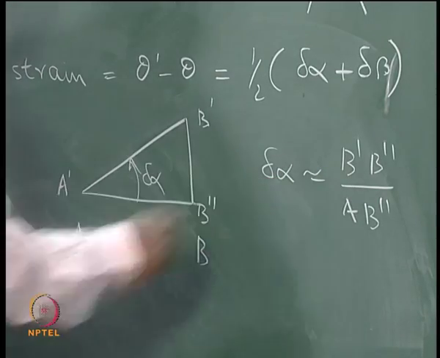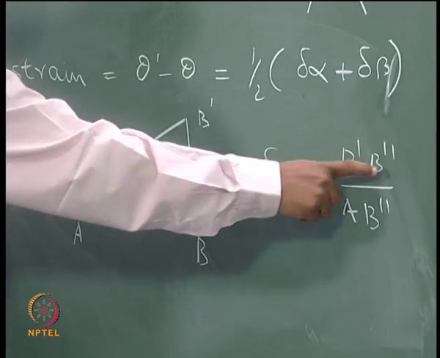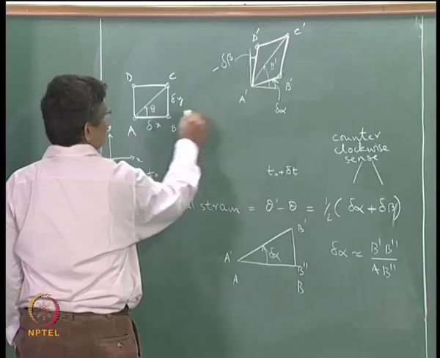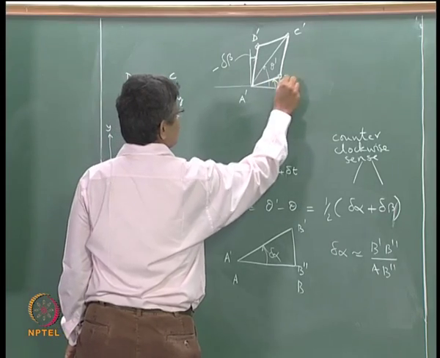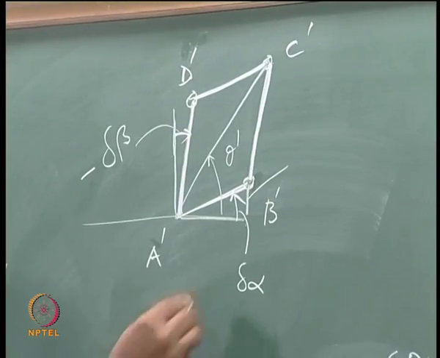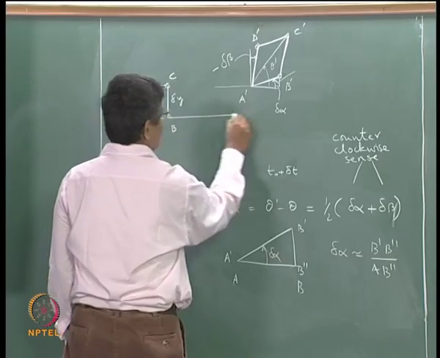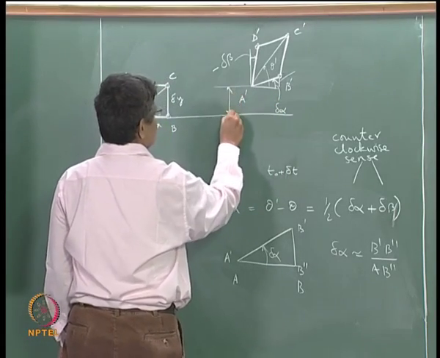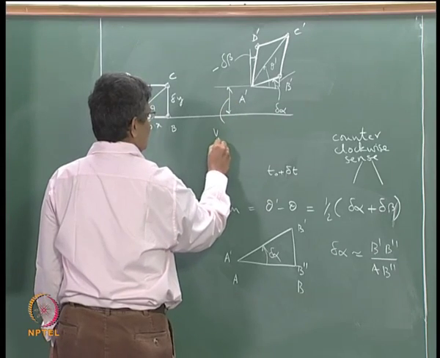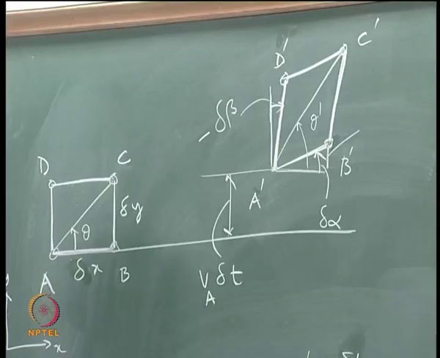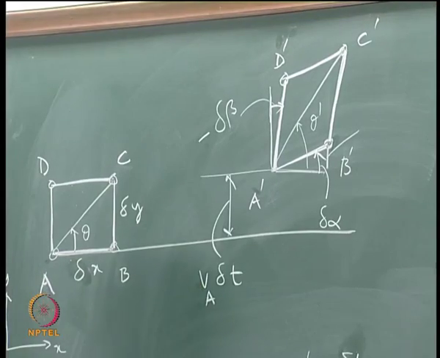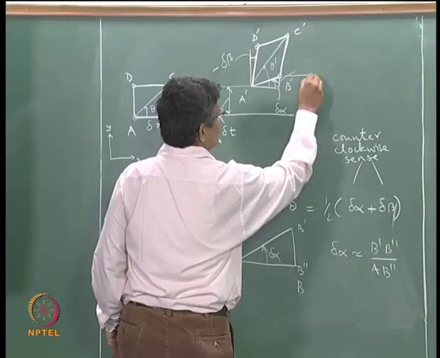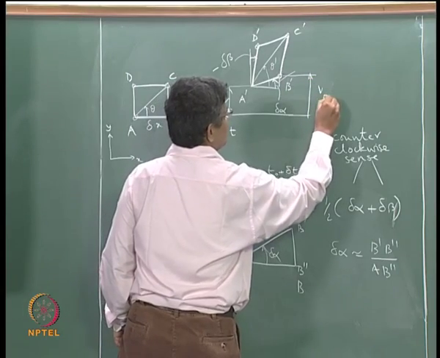Now this B prime B double prime is this distance here, and one can say that this height is equal to VA times delta t, where VA is the vertical velocity component of point A, and this distance here is VB times delta t.